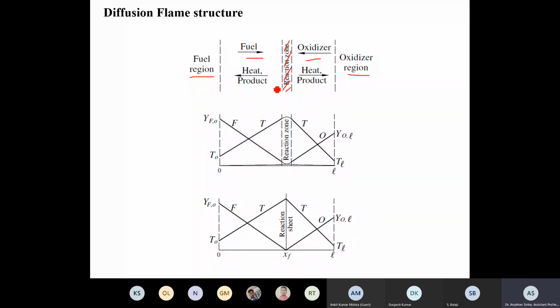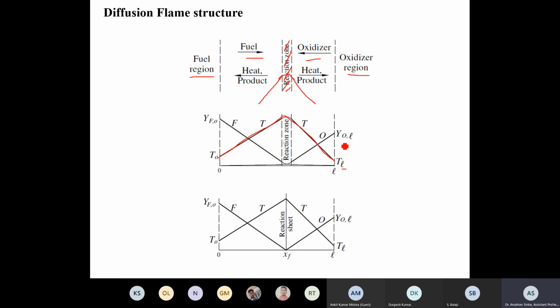That's why we are seeing plots like this, right? We see a peak here for products, they diffuse outside, they diffuse inside. We see a similar plot for temperature also, right? Temperature will be peak at the reaction zone, it will go down for both the fuel side as well as the oxidizer side.